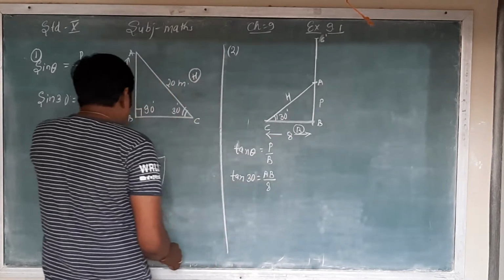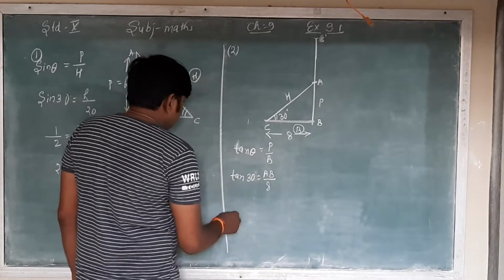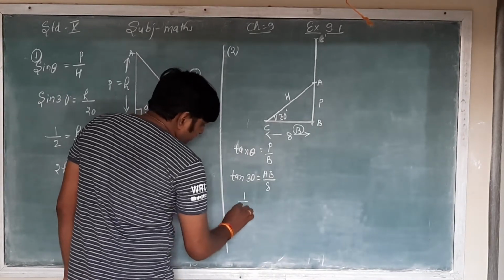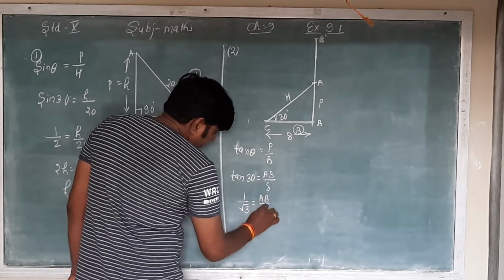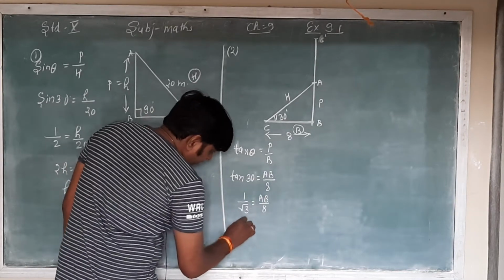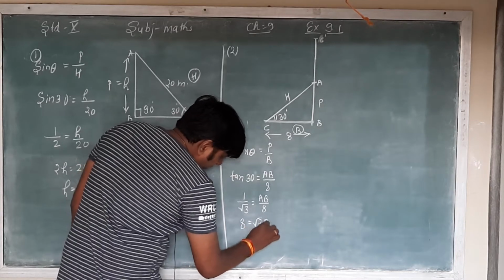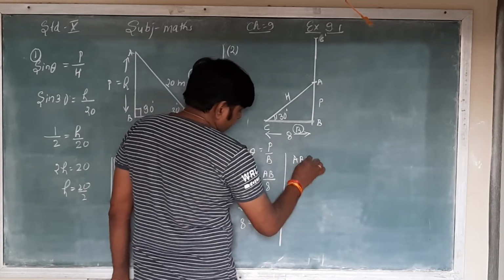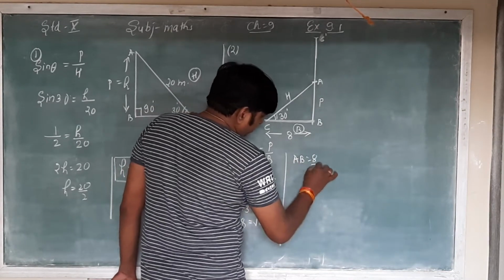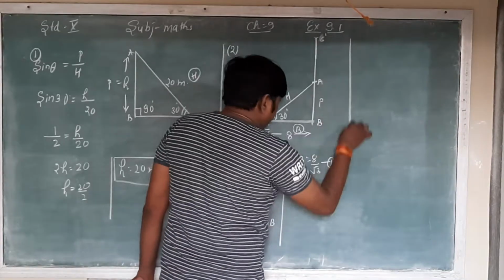Tan 30 is 1 upon root 3, so 1 upon root 3 equals AB upon 8. Cross multiplying, root 3 AB equals 8, so AB equals 8 upon root 3. This is the first equation.